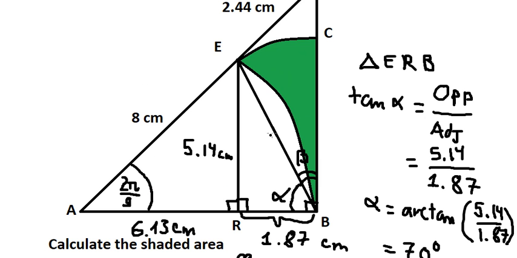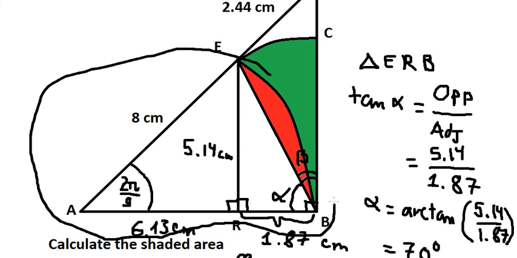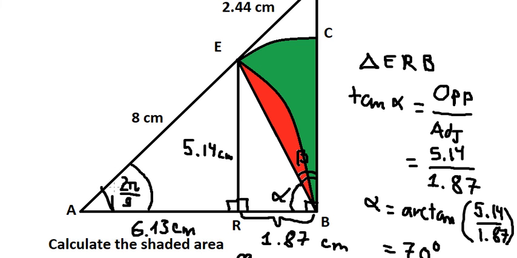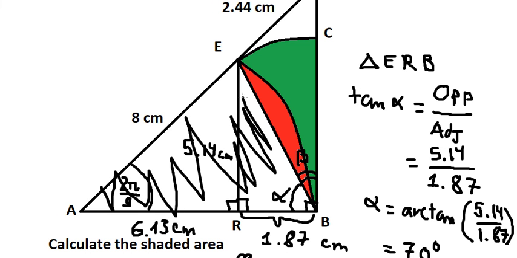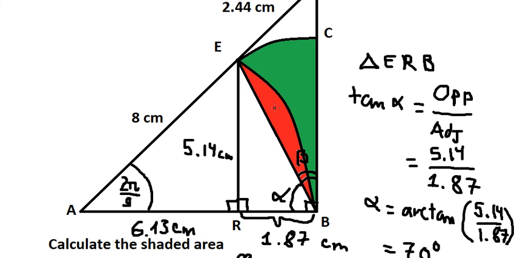Now we want to find the green area. We need to minus the red area of this one in here. So we need to find the red area. To calculate this one, we need to find the sector of circle A. Later that we minus the area of this triangle. So you got the red one.